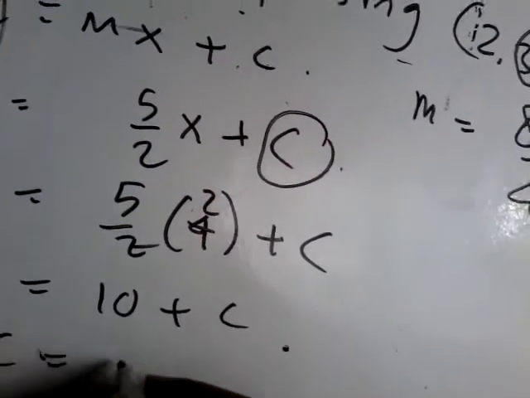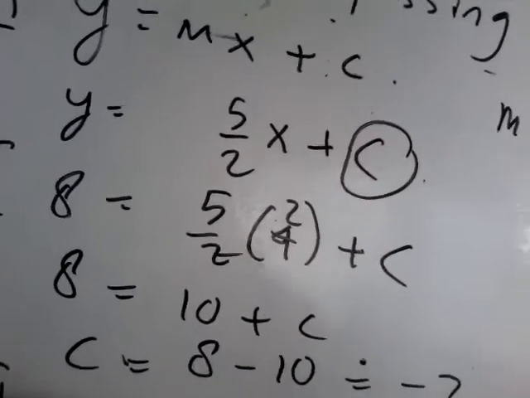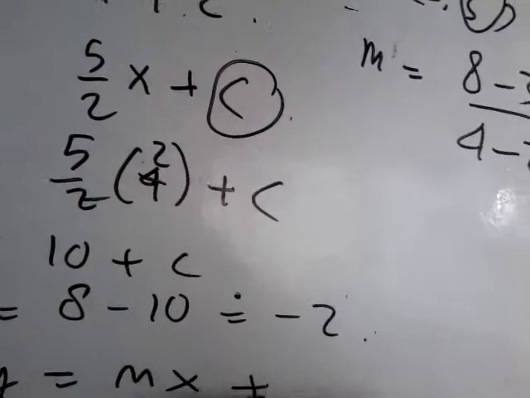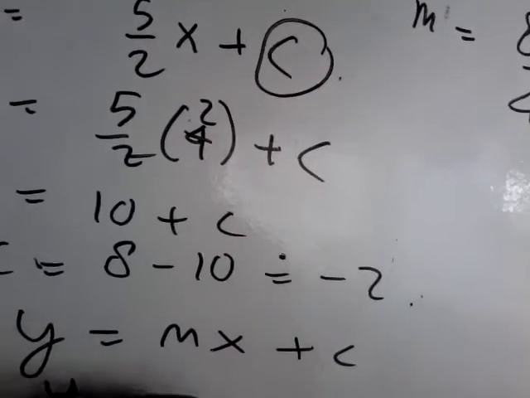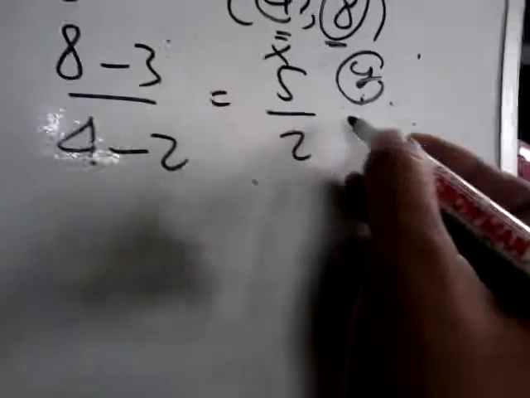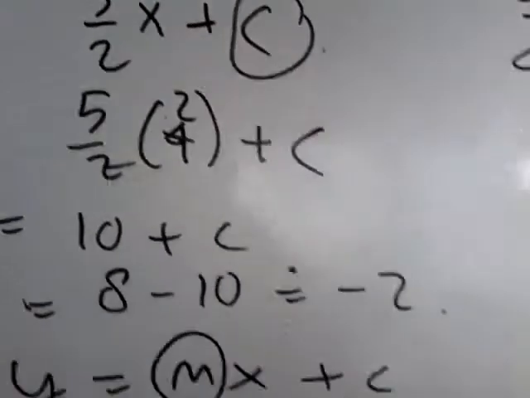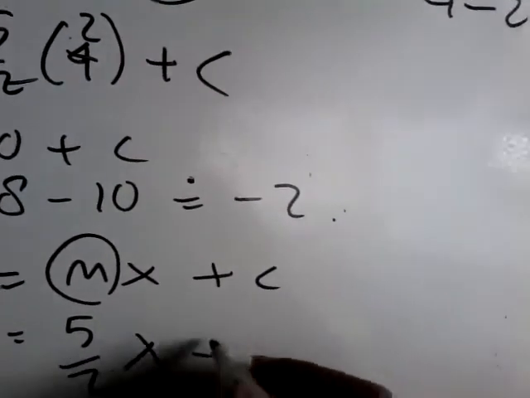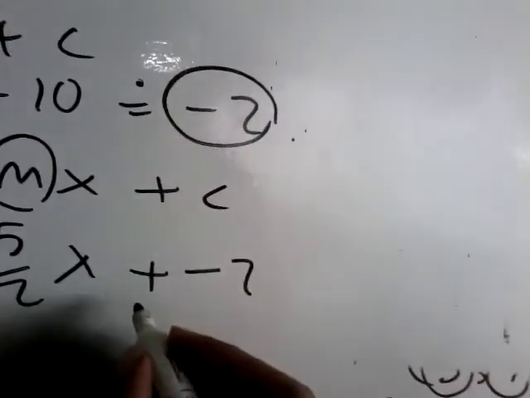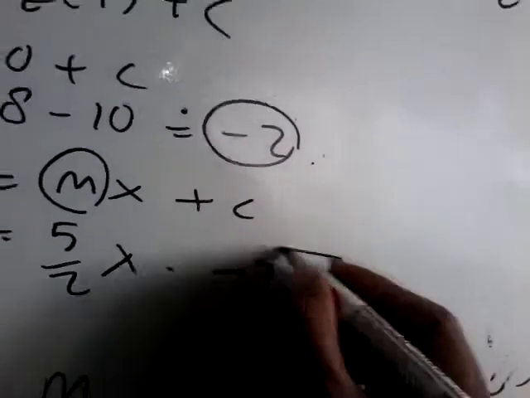So c equals 8 minus 10, which is minus 2. Then you can find the equation. Y equals, as we have found, m first. This is m, right? We have found it before. 5 out of 2 x plus c. Where is c? This one, it's minus 2. So the answer is y equals 5 over 2 x minus 2.